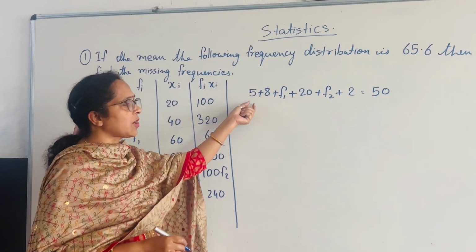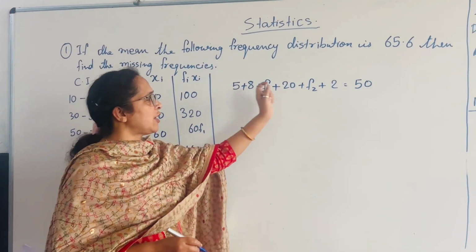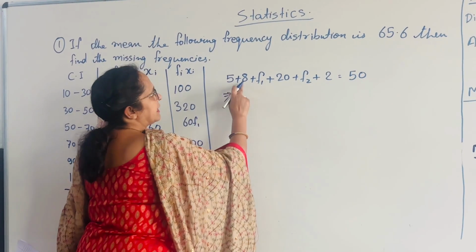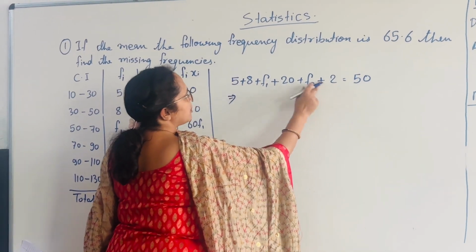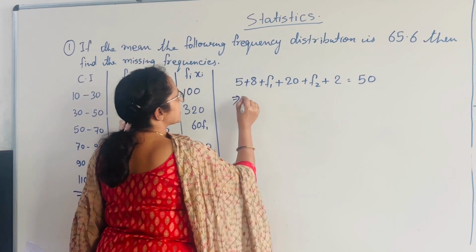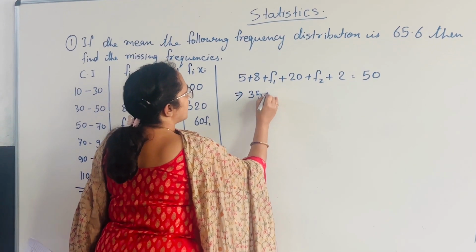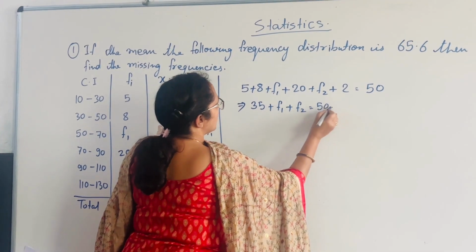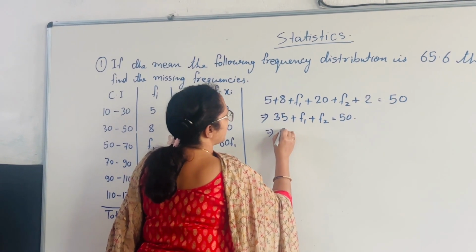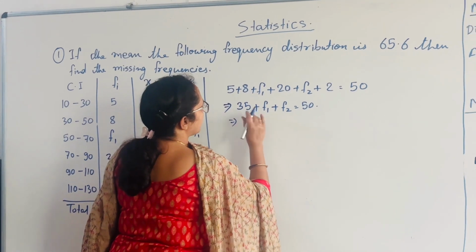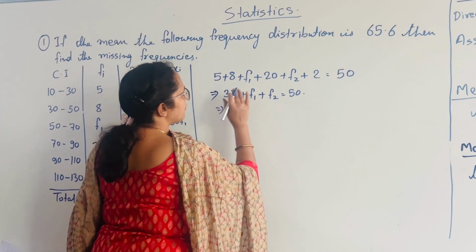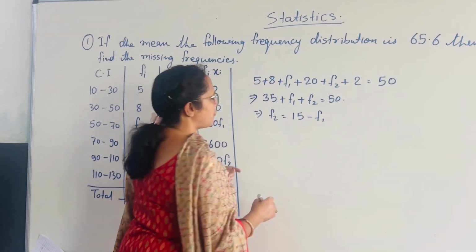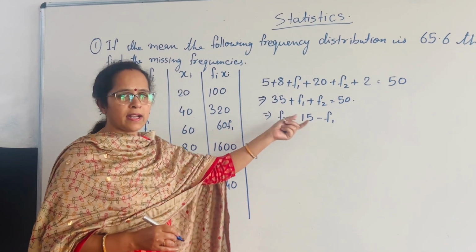From this we will find the value of f2 in the form of f1. 8 plus 2, 10, 10 plus 20, 30, 30 plus 5, 35, so 35 plus f1 plus f2 is equal to 50. From this, f2 is 15 minus f1. This is the relation between f1 and f2.